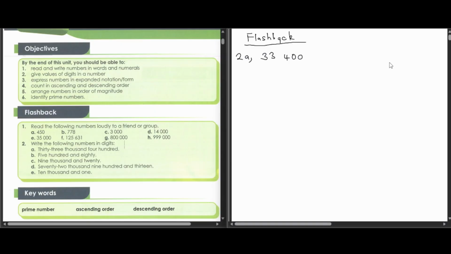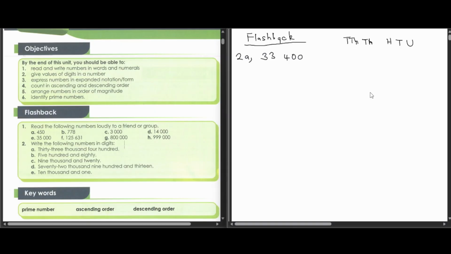Pa abacus yedu takadzidza kuti ku furthest right tinowana ma units. Tobva pama units tichienda kuma tens. Tobva pama tens tichienda pama hundreds. Tobva pama hundreds tichienda pama thousands. Then chabva pa 1000 tichienda pama tens of thousands like this.